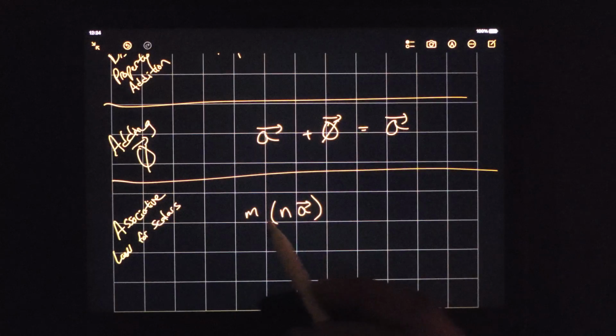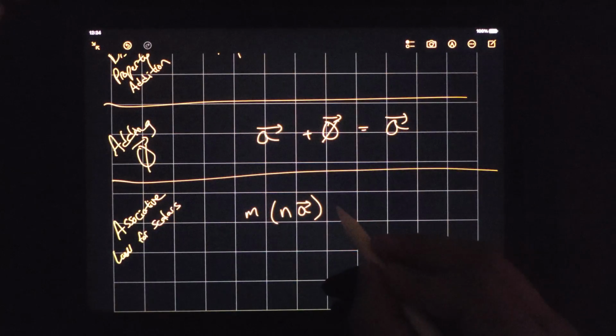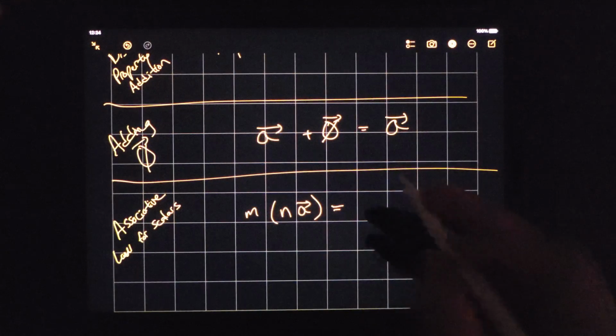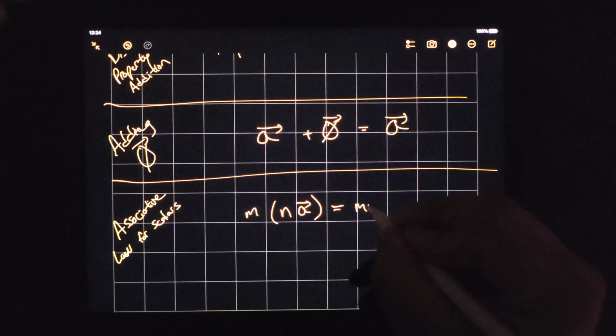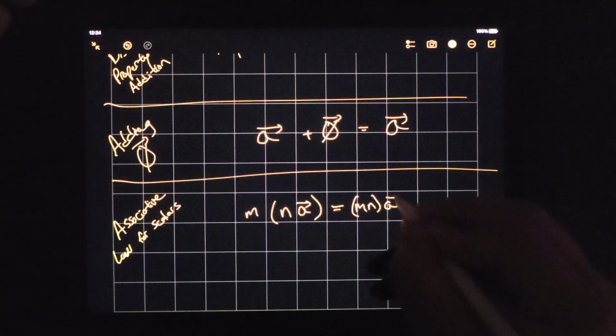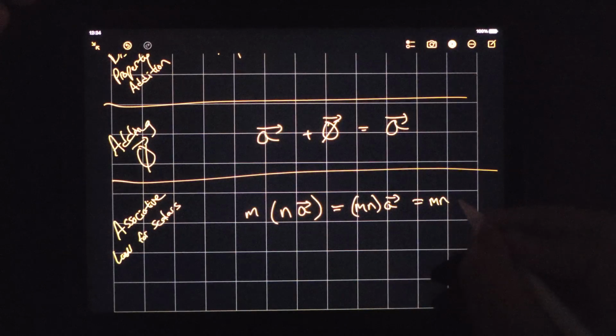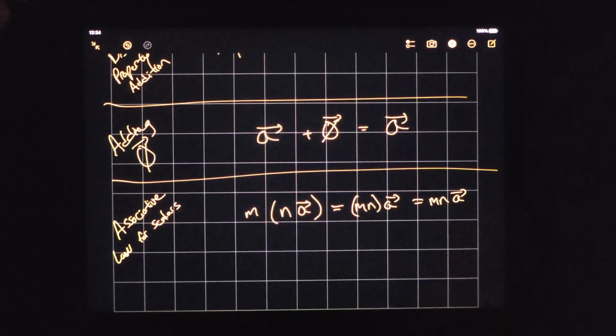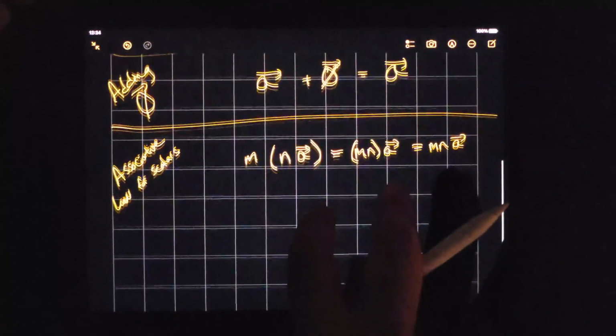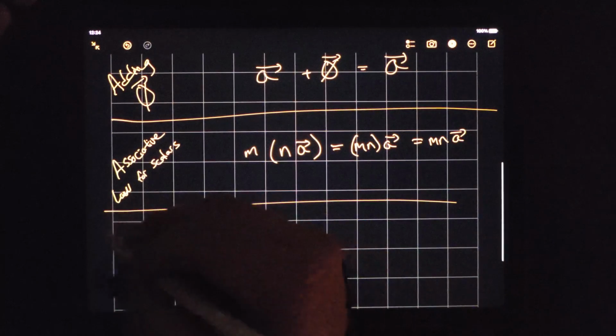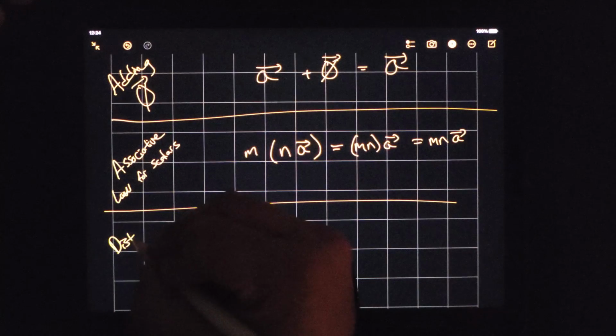They're different numbers, but if you have it multiplying like that, the only vector here is a. That is the same as saying m times n times the vector, but it's also the same as saying mn times a.